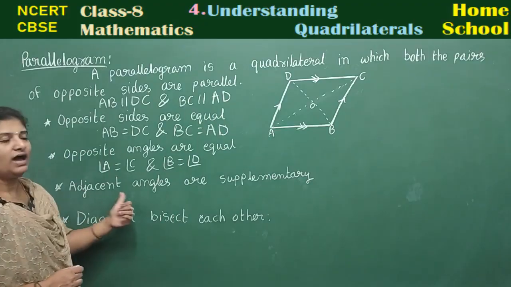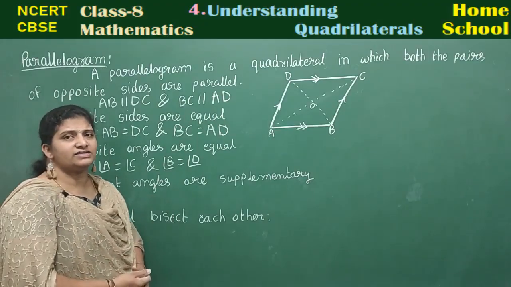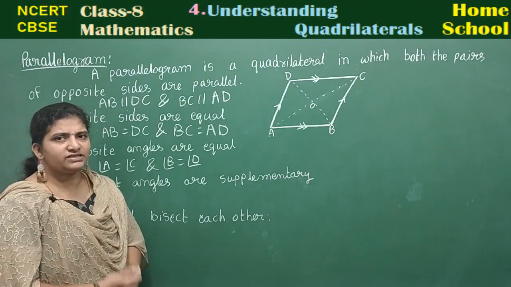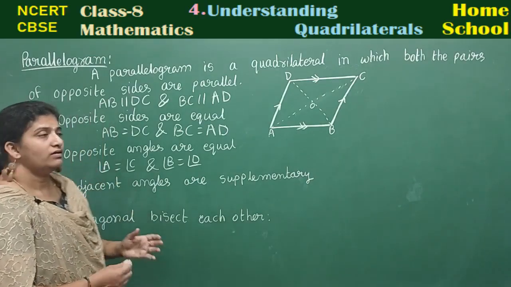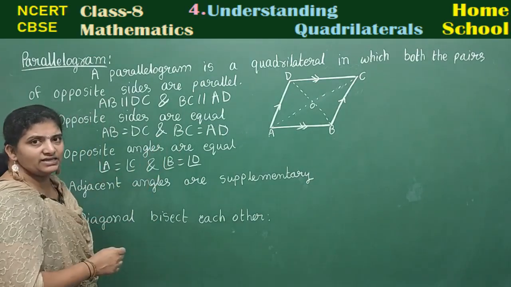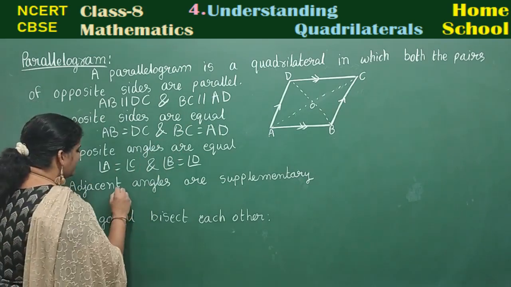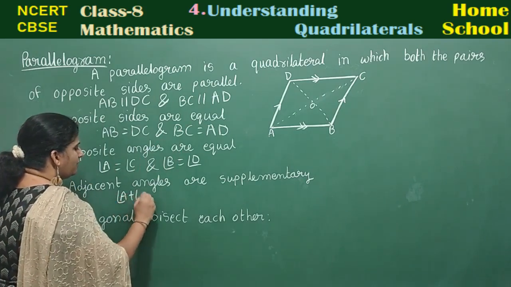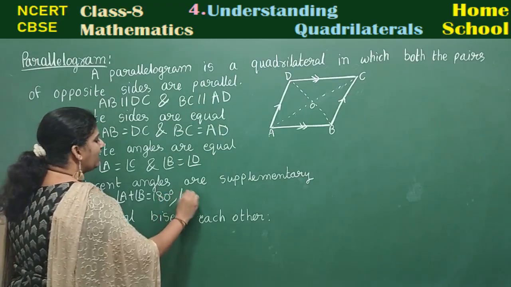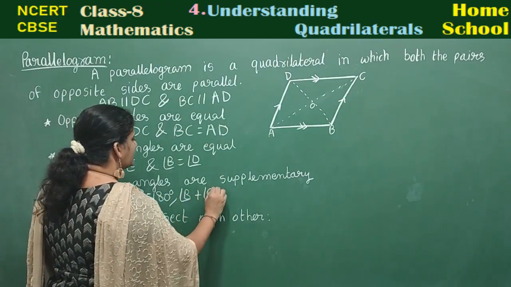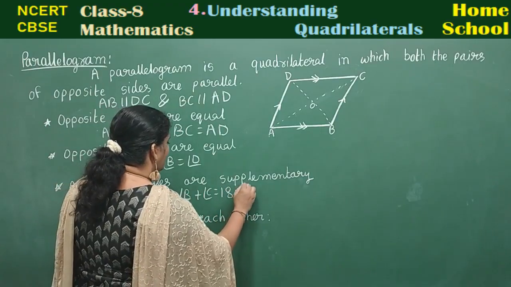Next point, adjacent angles are supplementary. Which adjacent angles? Every adjacent pair you can say. So you can see the adjacent angles here. That is, angle A plus angle B equal to 180 degrees. Angle B plus angle C is equal to 180 degrees.